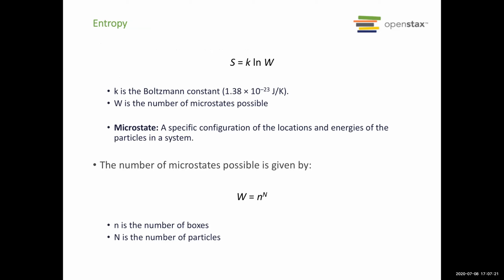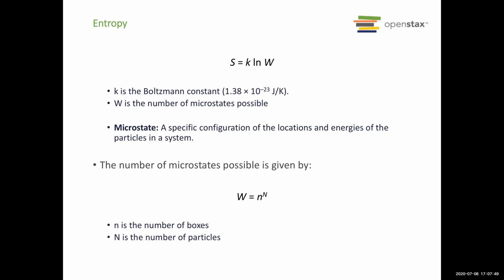So one measure of the increase in entropy is an increase in the number of microstates. Ludwig Boltzmann came up with this simple equation for calculating entropy from the number of microstates. Notice that the units of entropy are joules over K. So it's energy divided by temperature. We'll see this again.